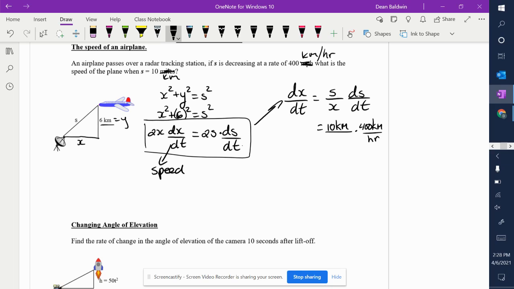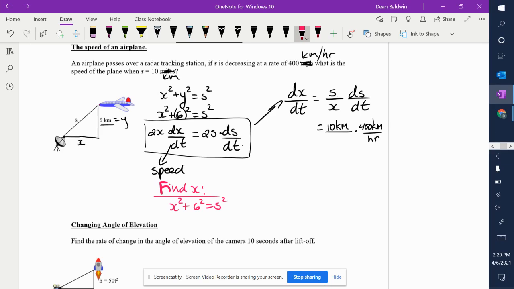Using the Pythagorean formula. Find x. So we take our formula, x squared plus 6 squared is equal to s squared. I know what s is, it's 10.